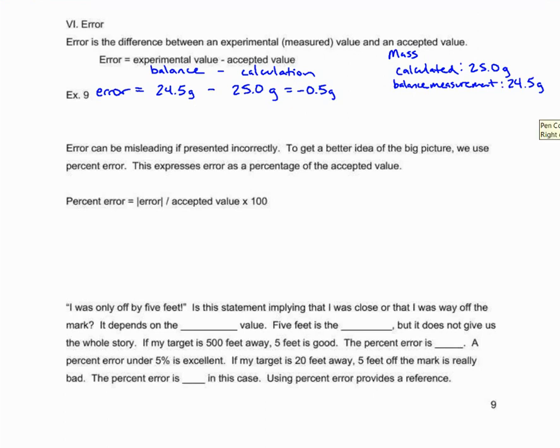What this is really saying is that we have 0.5 grams less than we expected. Let's box that off. So negative 0.5 grams is 0.5 grams less than expected.